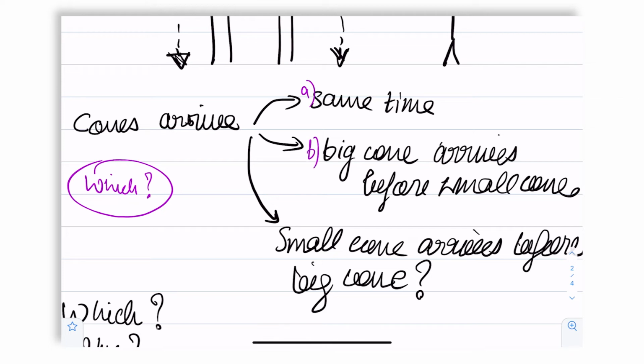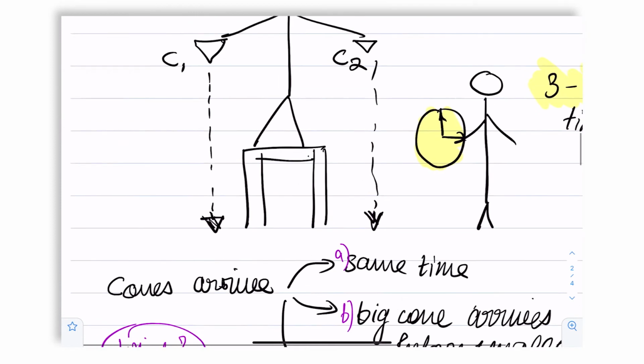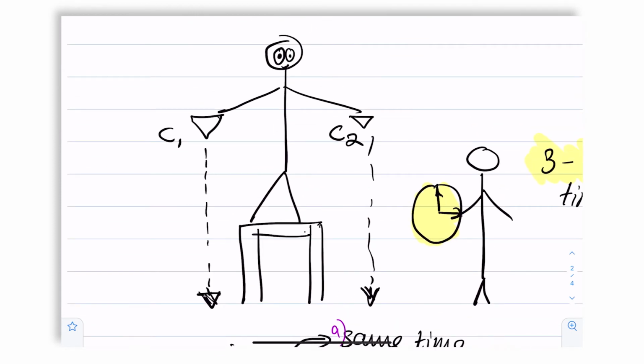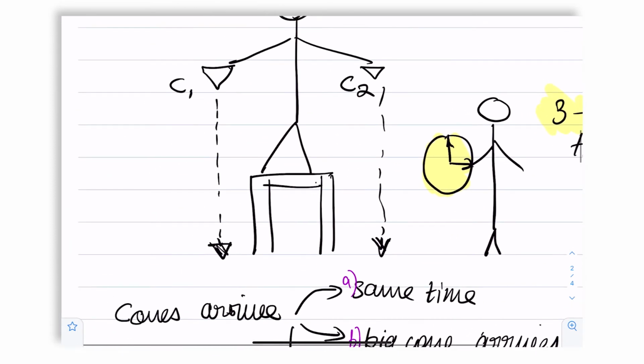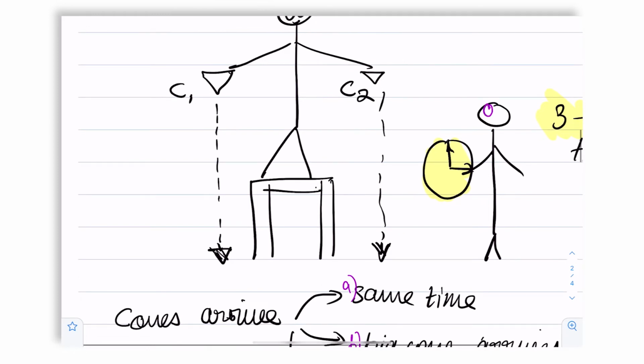Is it bigger is coming faster than smaller, or smaller is coming faster than bigger? These seem very simple questions, and I urge you to try the experiment out because you will find that sometimes some things are very easily answered by just trying things out.